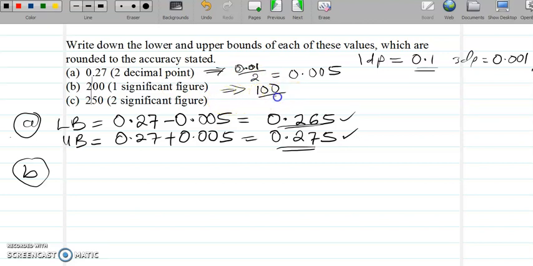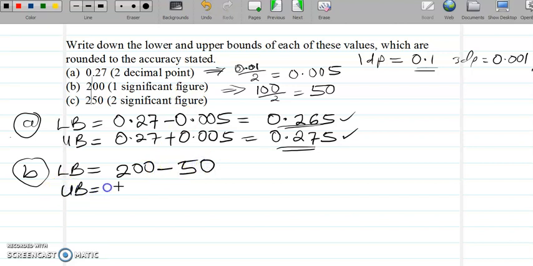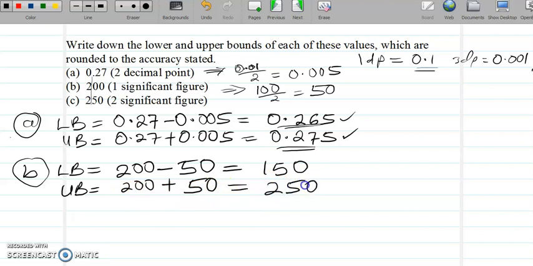Half of 100 is 50. The lower boundary is 200 minus 50, while the upper boundary is 200 plus 50. So 200 minus 50 gives us 150, the lower boundary, and 200 plus 50 gives us 250, the upper boundary.